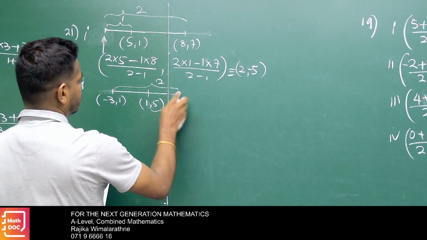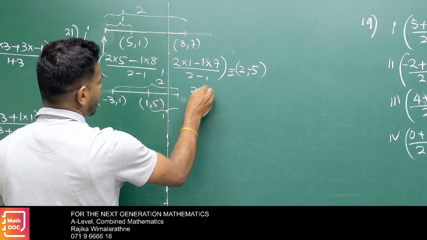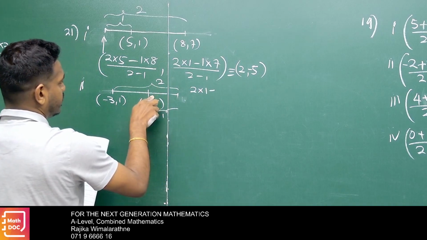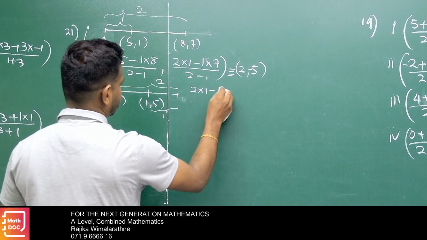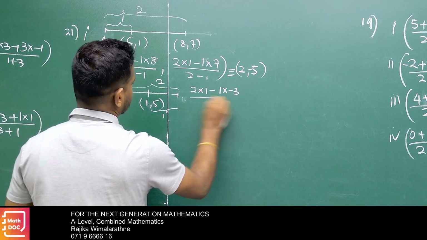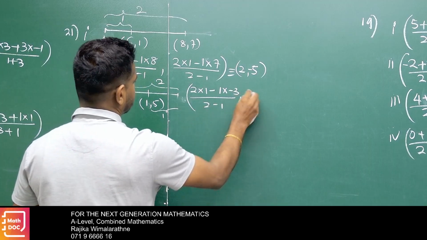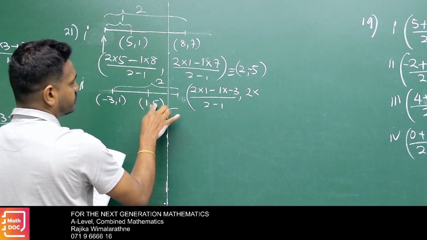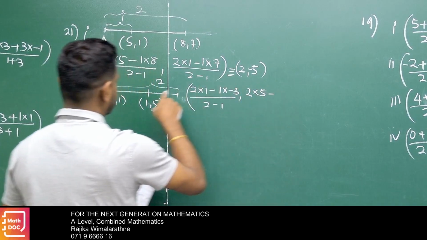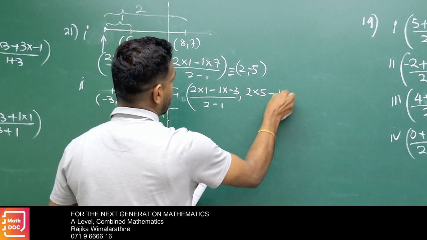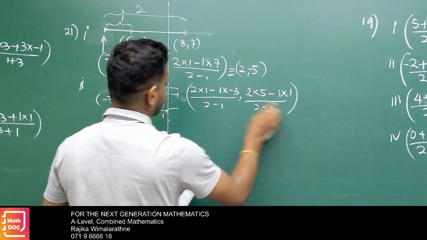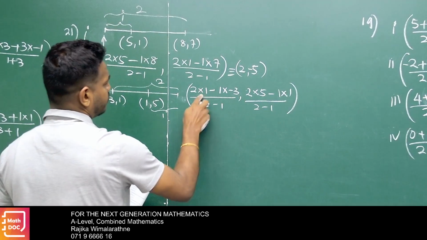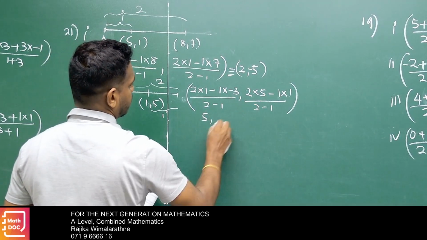Then this point: 2 times 1 minus 1 times minus 3, over 2 minus 1, then 2 times 5 minus 1 times 1, over 2 minus 1. Then here 5, 9.